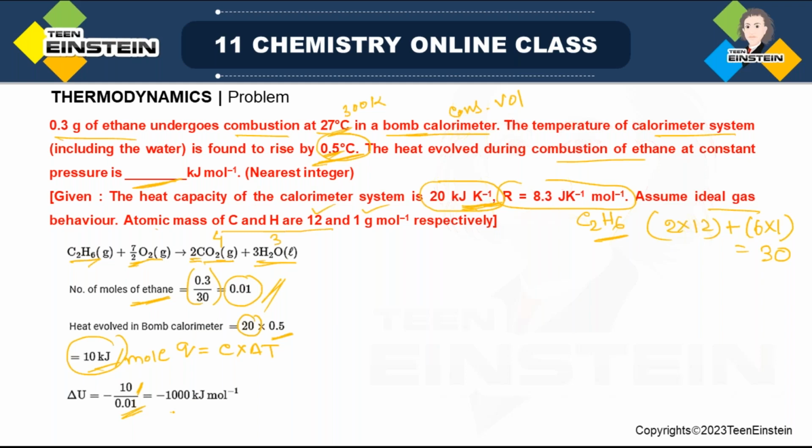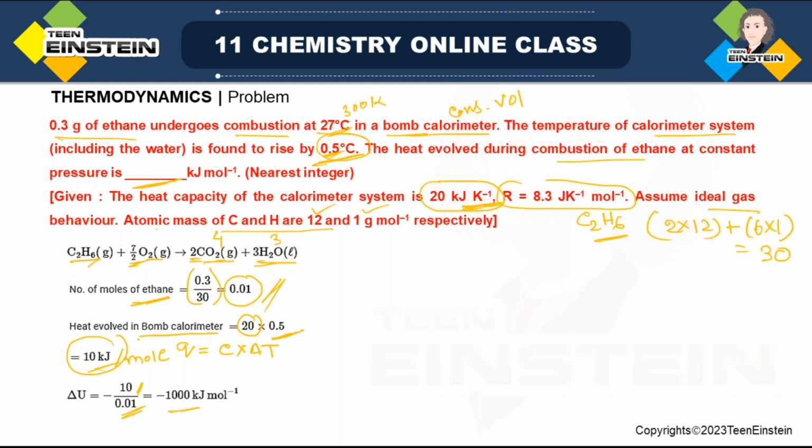Why have I taken it minus? Because heat evolved in the bomb calorimeter, that is this. This amount of heat is involved because it is a combustion process, but that amount of energy is also absorbed.